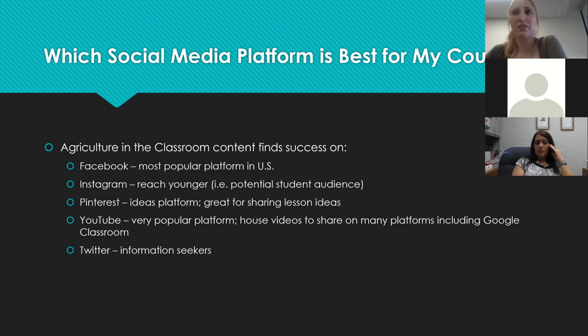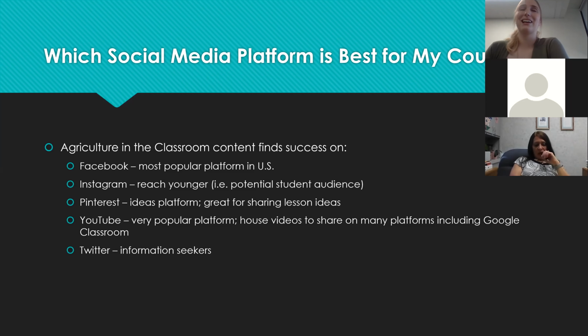And then again, Twitter is for the information seekers. If you have a ton of time on your hands and you just want to put out a bunch of agricultural-based information, Twitter is great. If you're a one-man show, you're looking just to dabble in social media, pick three or fewer and do them really, really well. Twitter maybe isn't the platform you want to be on unless it's one personally that you really favor and spend a lot of time on.